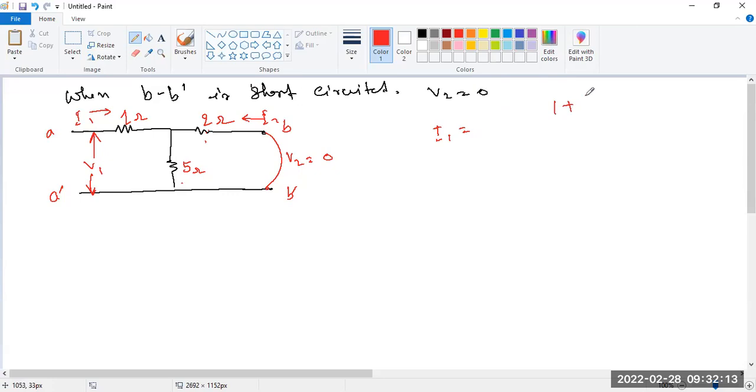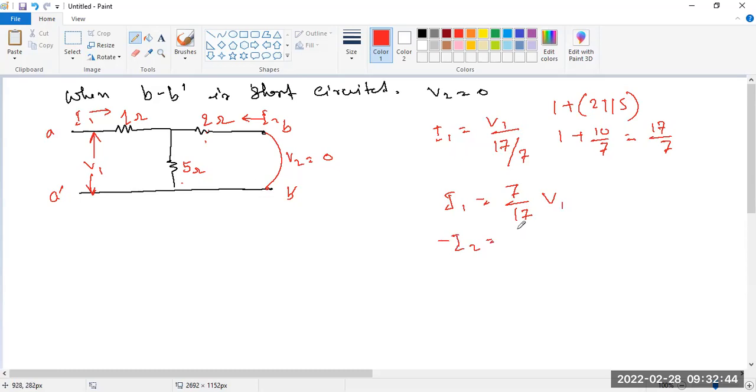So 1 plus 2 parallel 5 will be 1 plus 10 by 7, that is 17 by 7. So I1 is V1 by 17 by 7, we can say that is 7 by 17 into V1. Similarly, minus I2 equal to 5 by 17 V1.